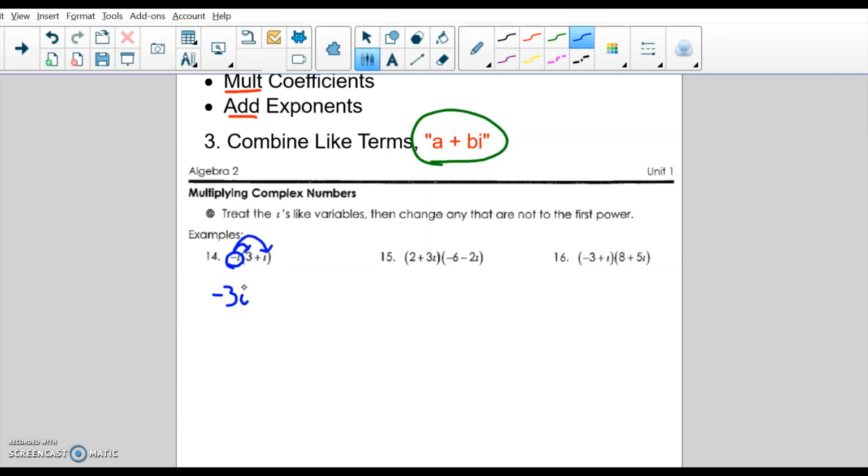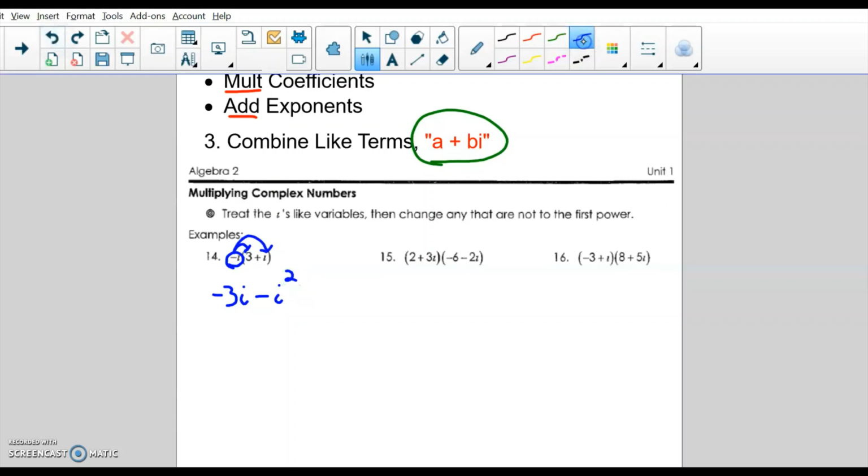Negative i times i will be negative i squared. We have a couple things going on here. One, we have an exponent of i that needs to be simplified. And two, this is not in the form a plus bi. So there are a couple of things we need to do before we can have a final version of this problem.